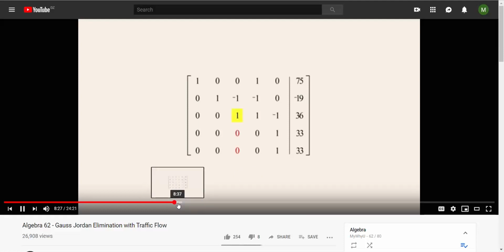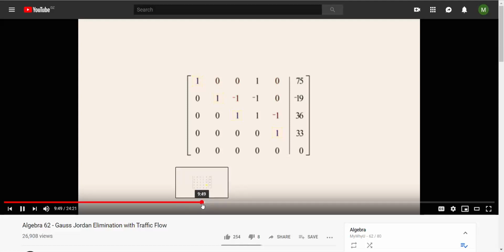We move to the fourth row, making sure that its leading entry is handled, adding -1 times row 5, which has now become all zeros. Every entry above each leading entry must also be 0, and 2 of these entries are not 0.